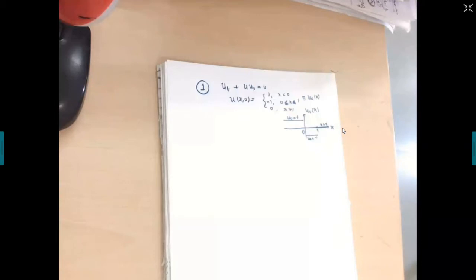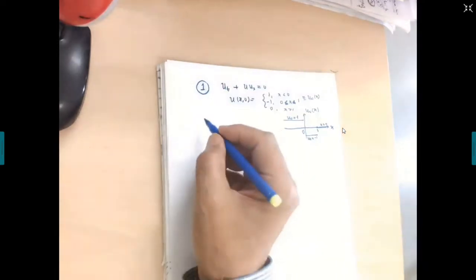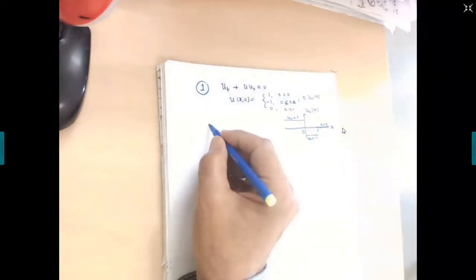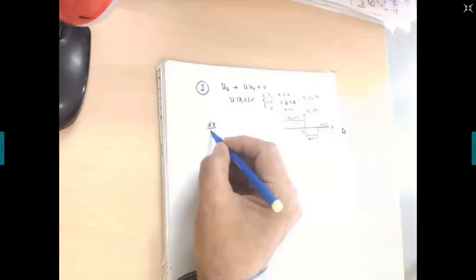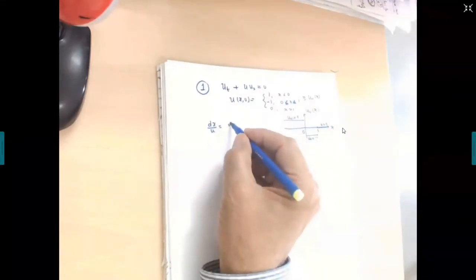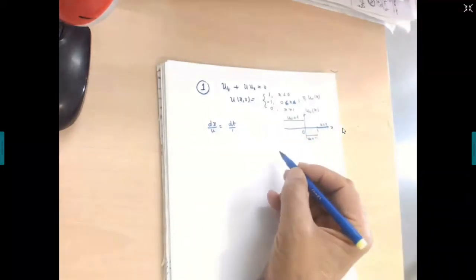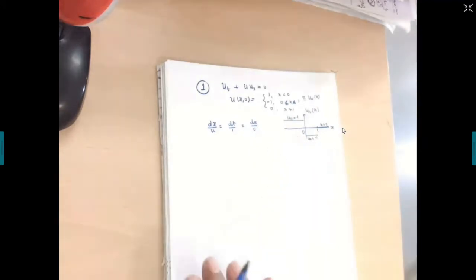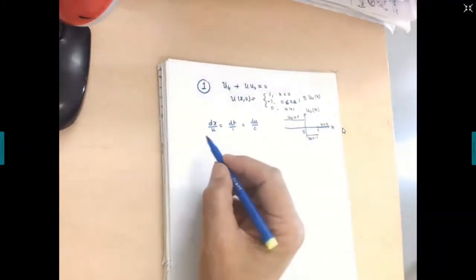This is the way we discuss and then we understand what is really going on. Sir, first we can take the characteristic equation: dx upon 1 is equal to dt upon 1 is equal to du upon 0, with dx upon u is equal to dt upon 1. From here we can solve.